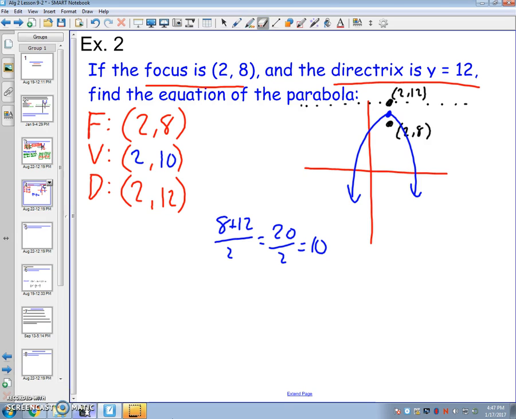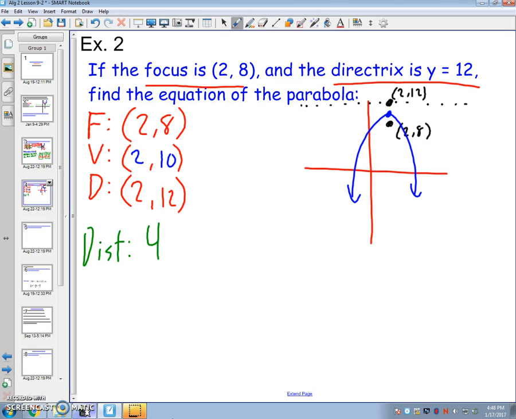All right, so again, find the missing point. After that, find the distance between the focus and directrix. So the distance between 2, comma 8 and 2, comma 12 is 4. Basically, 12 minus 8 is 4.